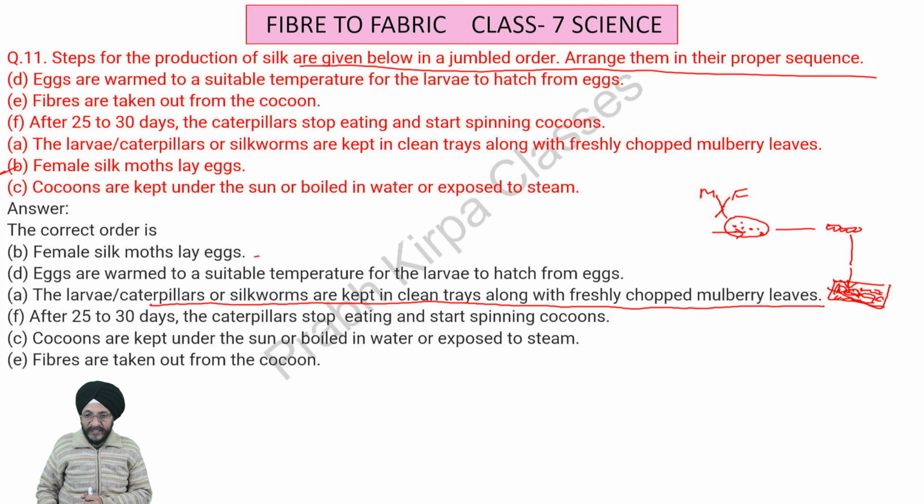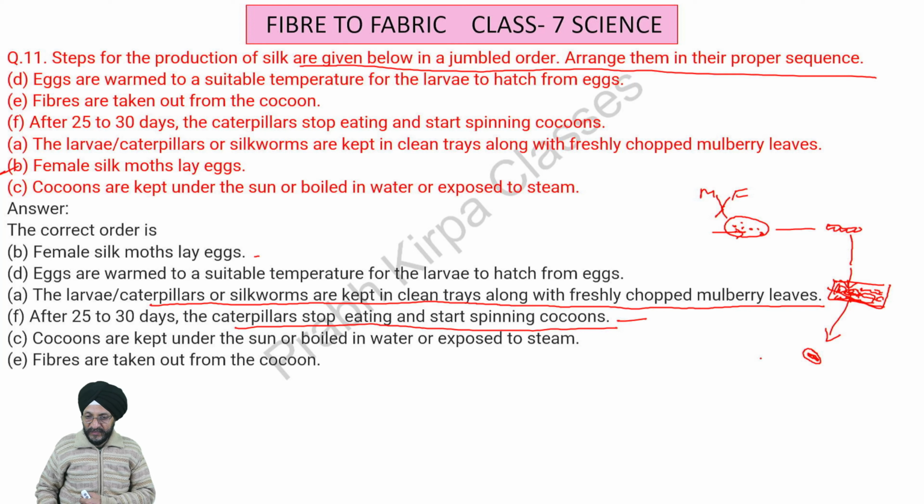Next, these caterpillars go on eating continuously day and night, and their size becomes enormous. Then after 25 to 30 days, these caterpillars stop eating and start spinning cocoons around themselves.